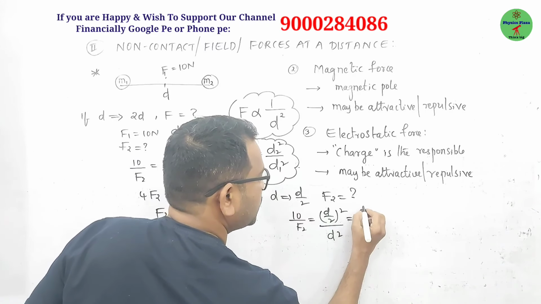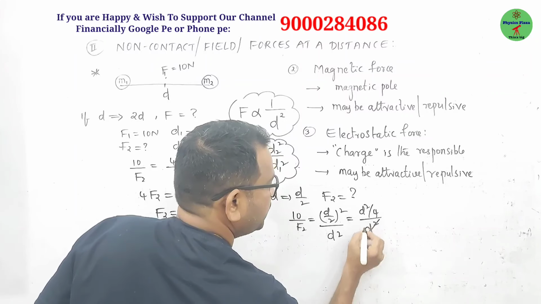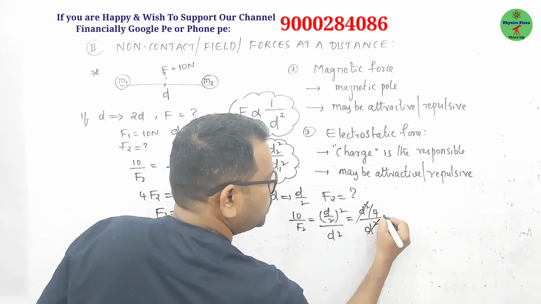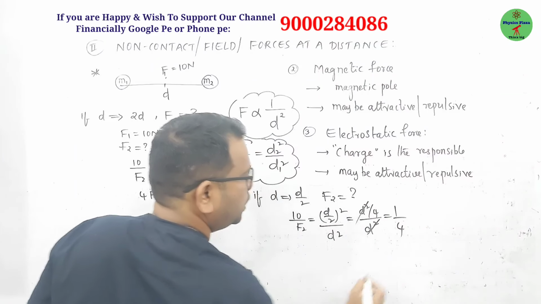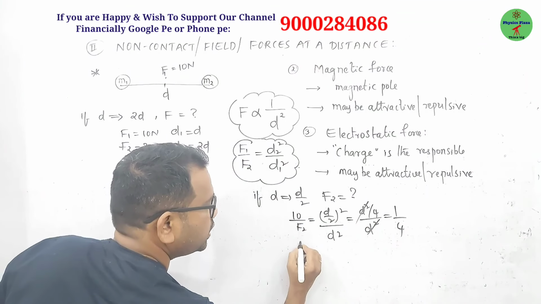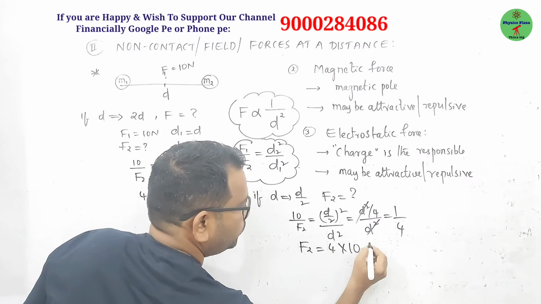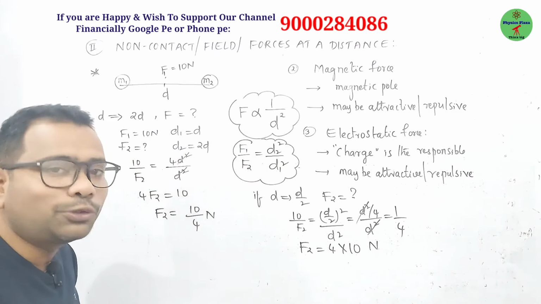So this will be D square by 4 by D square. D square gets cancelled, and the 4 goes to the denominator. Now 10 by F2 is equal to 1 by 4. Cross multiplying, F2 is equal to 4 into 10 newtons. Of course, 40, I know.